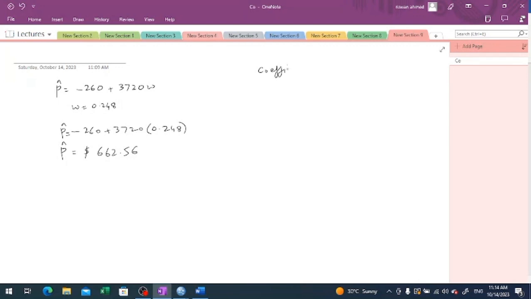The coefficient of correlation lies between -1 and +1, and its corresponding population parameter is the Greek letter rho. This is how we pronounce it.